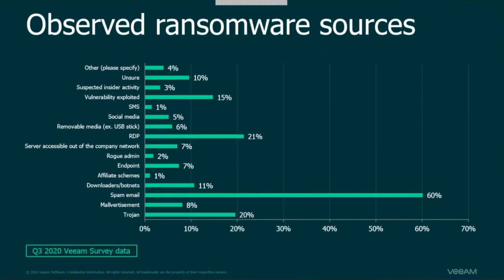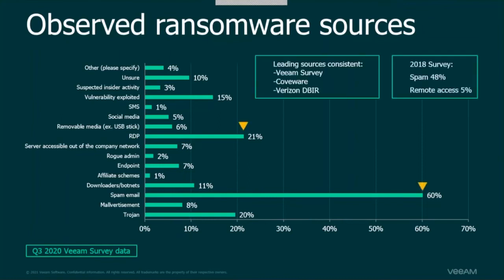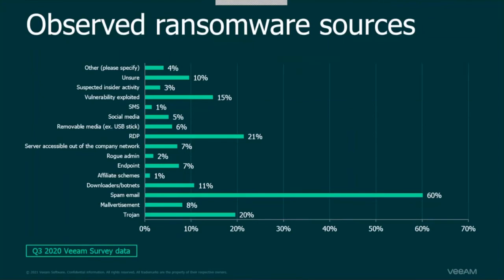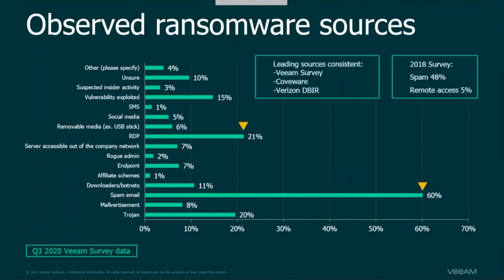So if you look at this, there are 2 pointers that I'd like to highlight over here. In 2018, you can see that the attack from ransomware is more from spam, which is very common.